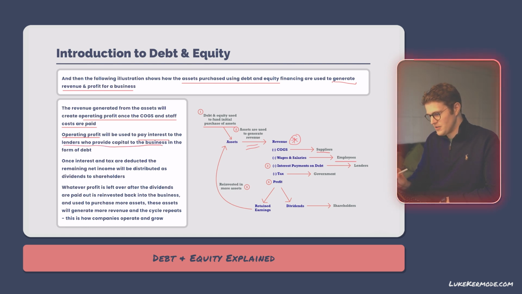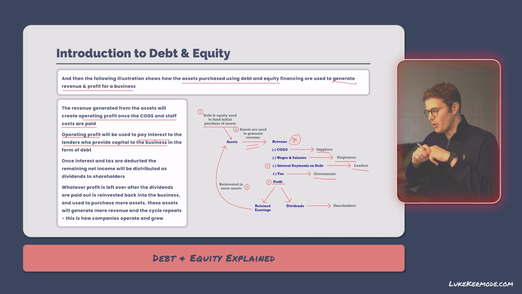So the lenders who provide capital to the business will be paid next. The interest is paid out of the operating profit. And then once the lenders have been paid, the government are paid. So you pay your taxes, and then whatever remains after your lenders and taxes have been paid is your net income or your profit.